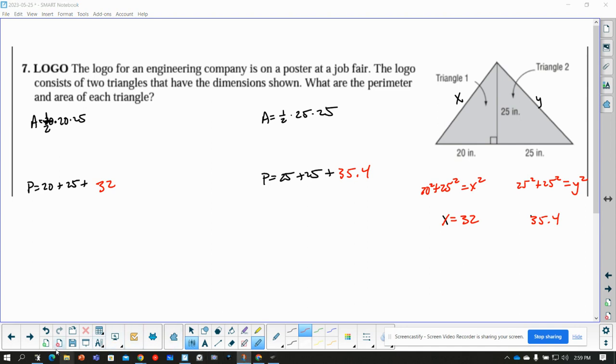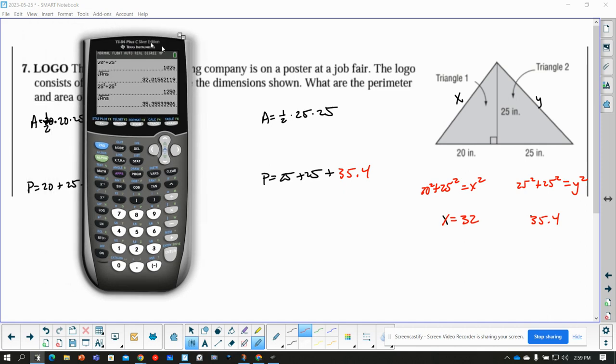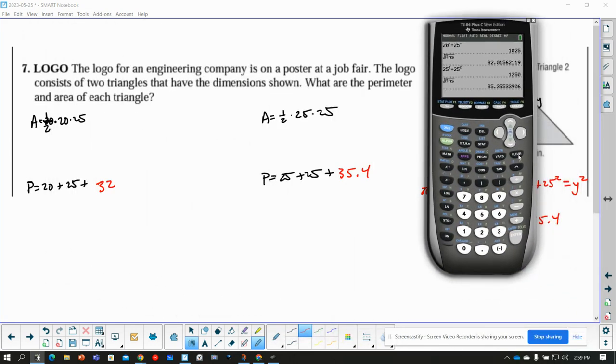There we go. I'm going to slide this over here, clear this out. I'm going to do each problem. 0.5 times 20 times 25. There's the first answer. Next one, 20 plus 25 plus 32.